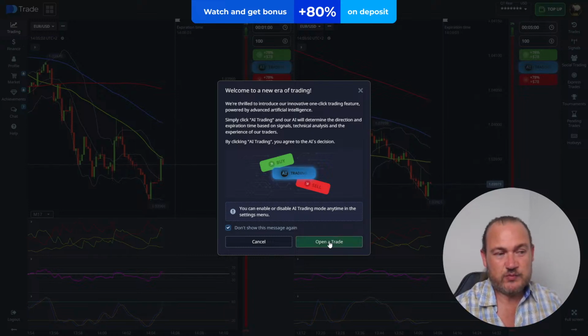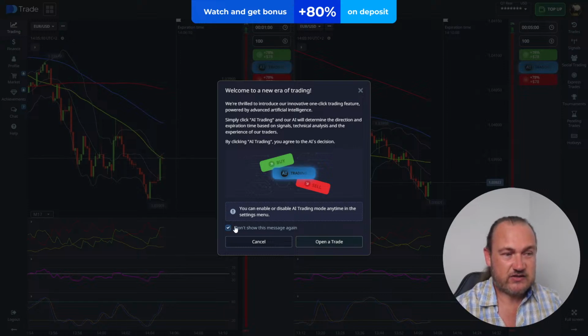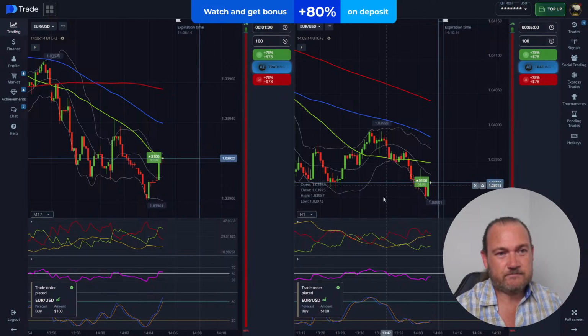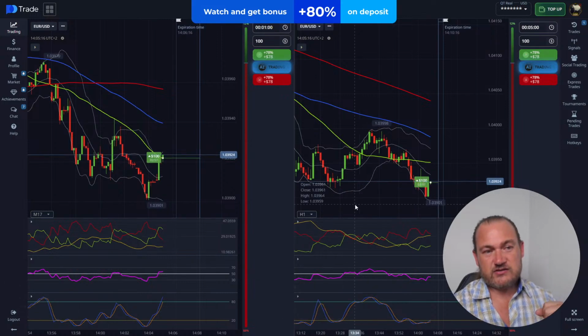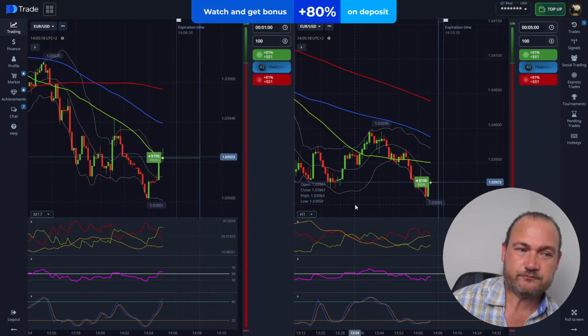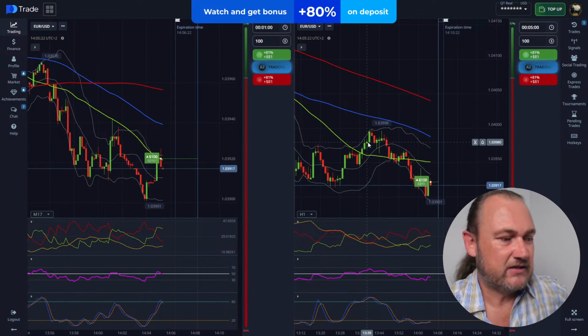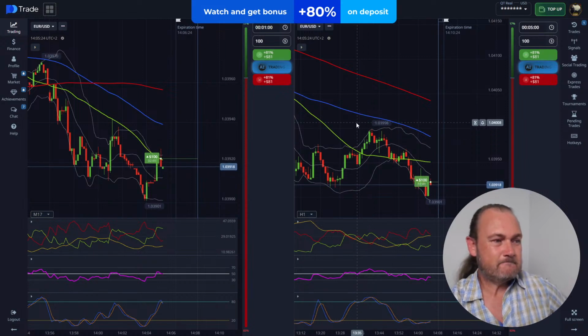So when I click on open trade now, you will see that the AI will open a trade automatically for me. If you do not want this to come up every time, you just have to tick that button there. And we're going to select open a trade. And right, so the AI took a buy for me for 3 minutes. We'll sit and see how this plays out.